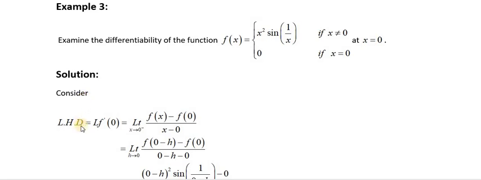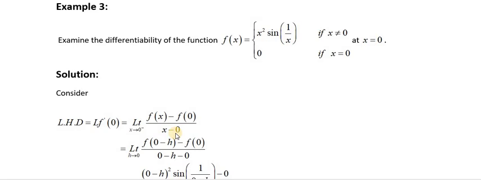Consider LHD, that means left hand derivative, equal to L f dash of 0. Here we want to find the differentiability of the given function at x equal to 0. Equal to limit x tends to 0 minus, f of x minus f of 0 by x minus 0. This is the formula to find LHD at x equal to 0.